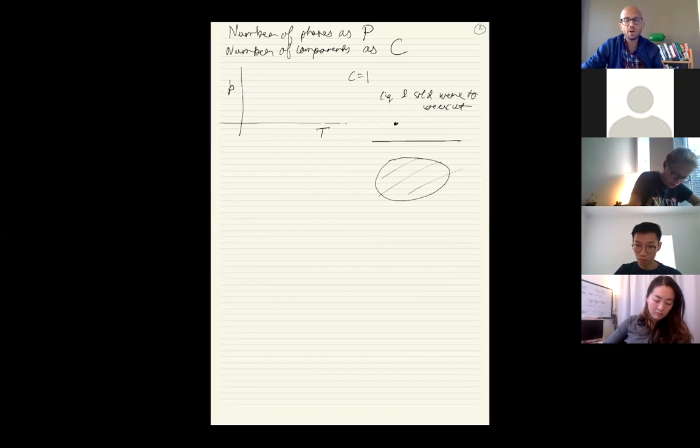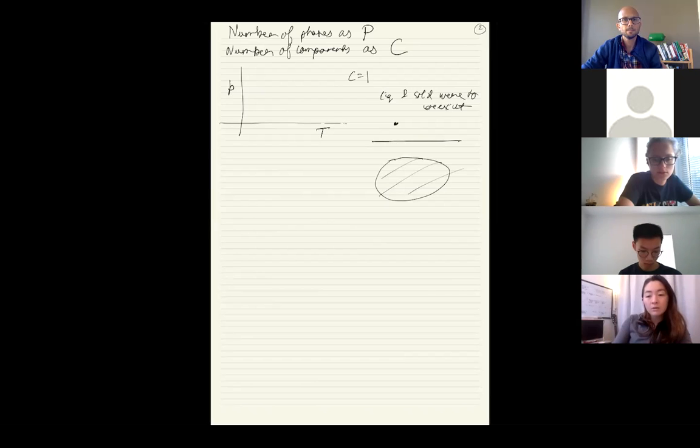It's not an obvious question, right? Can anyone think of an obvious way to answer this without invoking the Gibbs phase rule? If you can, tell me on Slack or tell me now. Which one of these is correct? If you think of one, then stop me later and tell me, but I can't think of one.